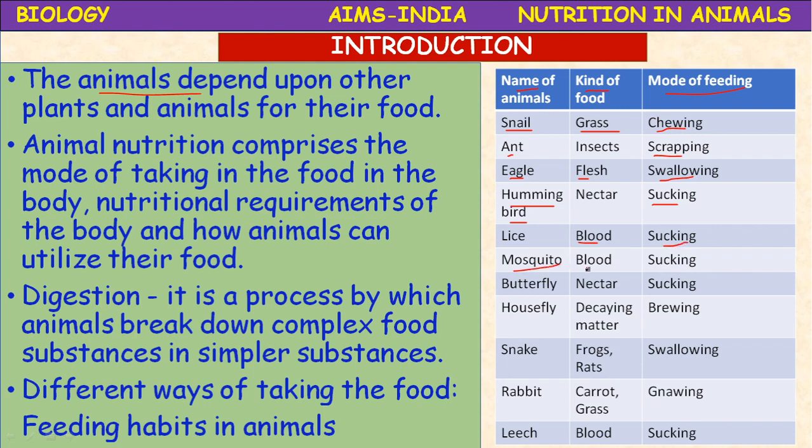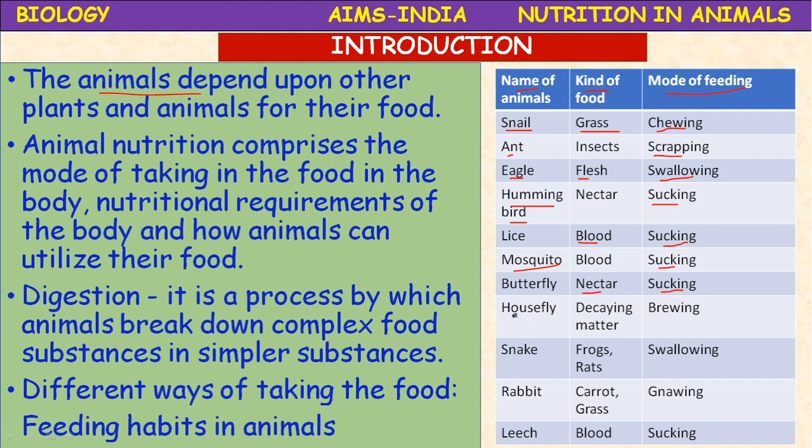Mosquitoes: male mosquitoes feed on the sap of plants. The female mosquitoes feed on vertebrate blood. The mode of feeding is sucking. Butterfly possesses a proboscis. It feeds on nectar, and the mode of feeding is sucking.